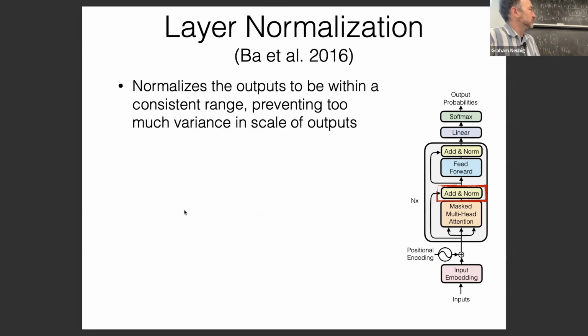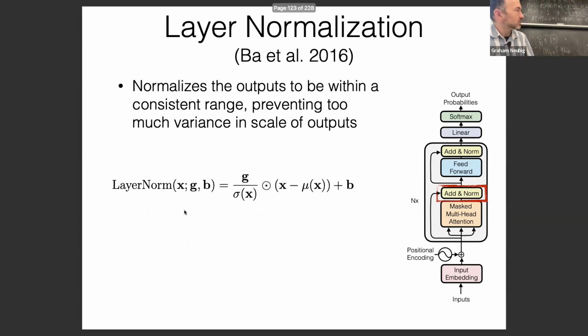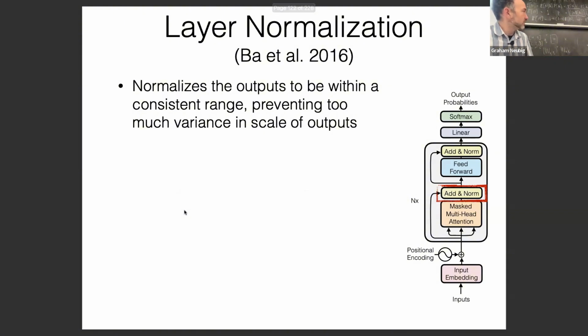The way layer normalization works is it normalizes outputs to be within a consistent range, preventing too much variance in the scale of the outputs. Just to give an example, let's say we had a value matrix where all of the elements were something like 10,000.